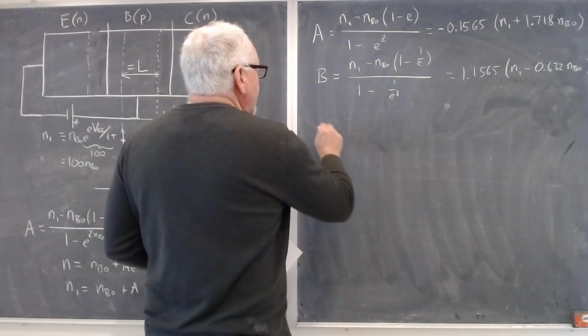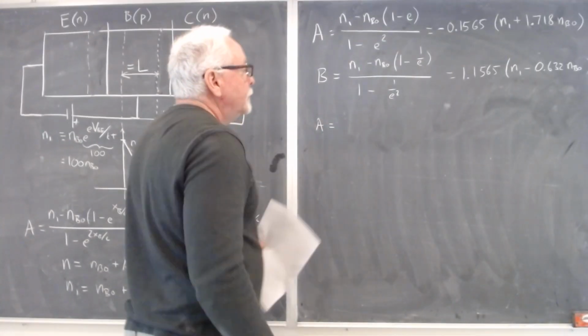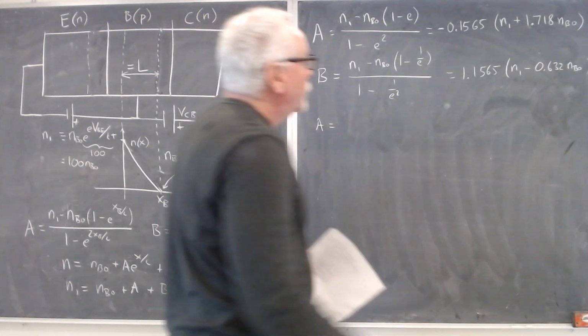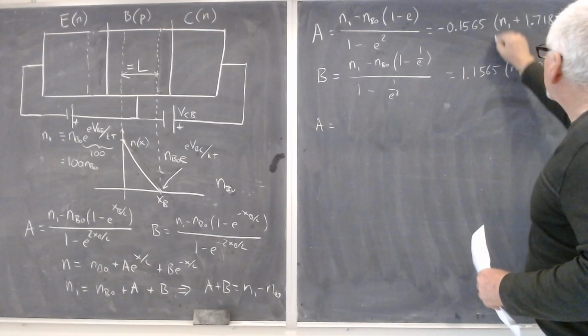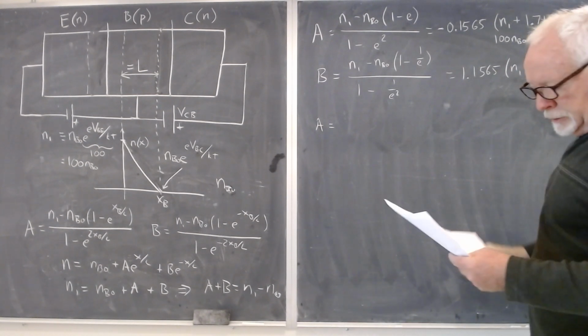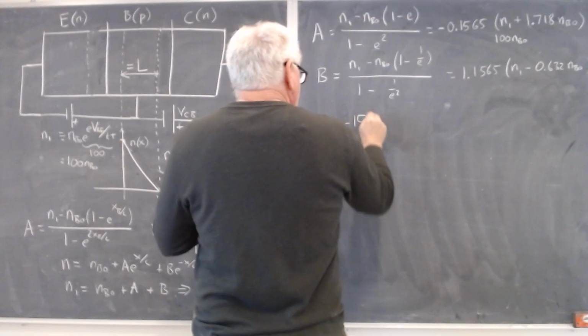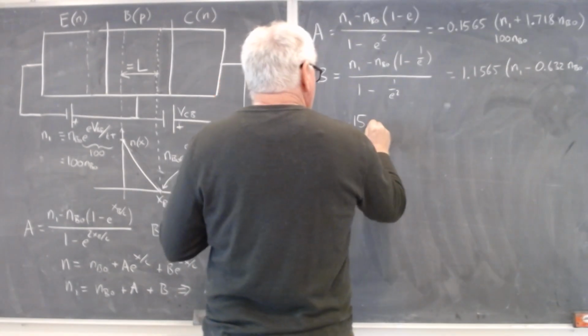And if you plug that in, then A, if this is 100 NB0, becomes minus 15.919.